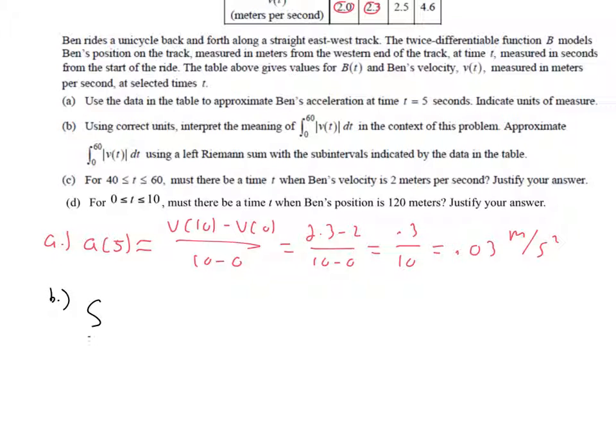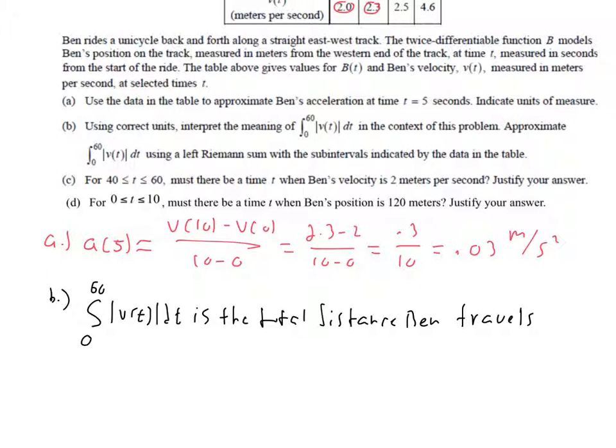Whenever we see velocity in absolute value, we're talking about the total distance. So is the total distance Ben travels in meters from t is equal to 0 to t is equal to 60 seconds.